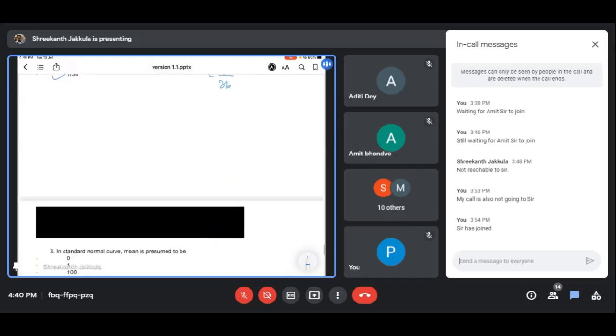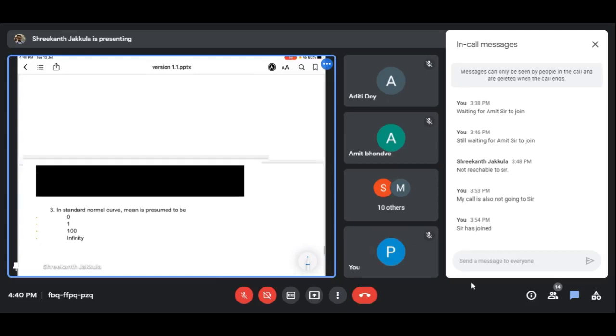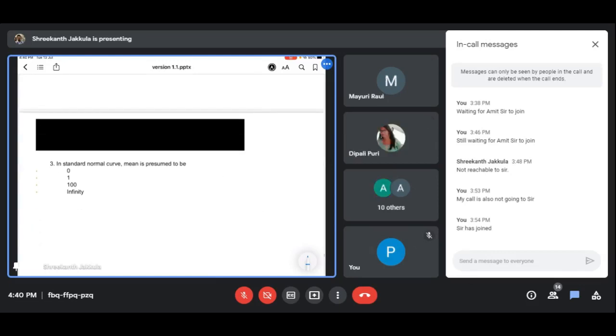Third question. In the standard normal curve, mean is presumed to be zero. Yes, it is 0.